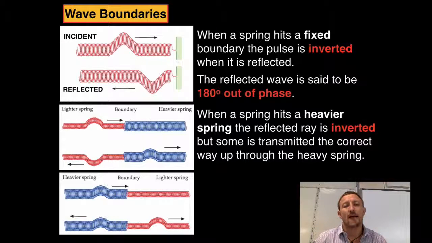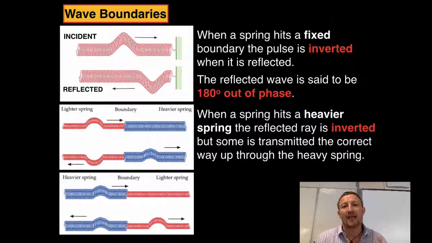So to recap what happens, we've got an incident wave hitting an immovable object. The reflected wave is going to be inverted, passing back in the opposite direction. If we've got a light spring hitting a heavier spring, the incident wave hits at the boundary surface. Some of the wave is inverted and passes back through the lighter spring. Some of the wave remains in its normal state and passes through the heavy spring.